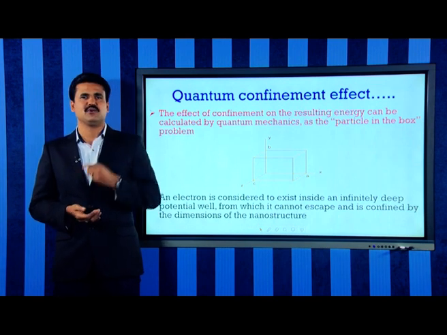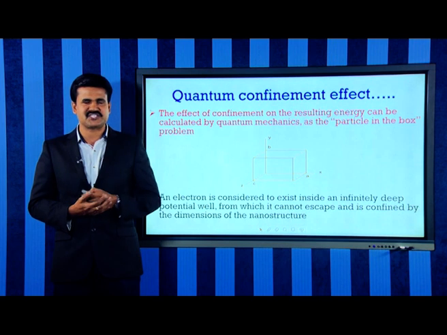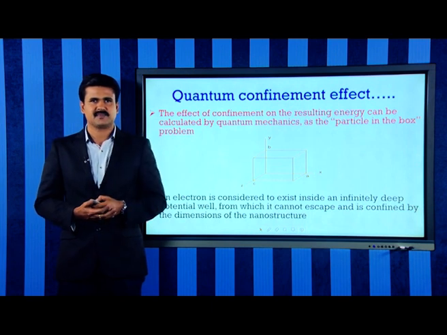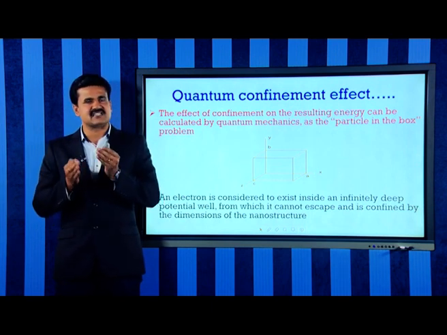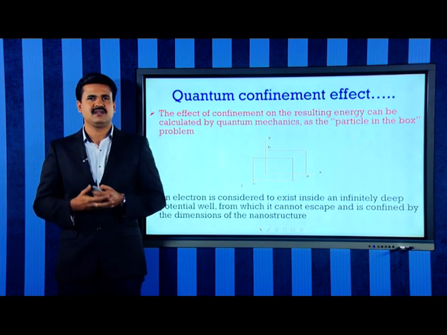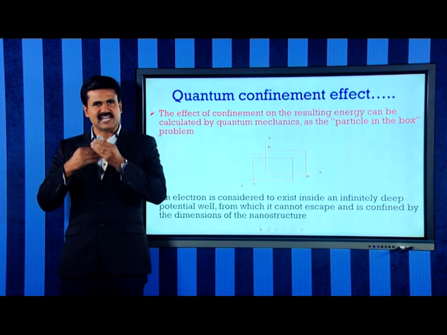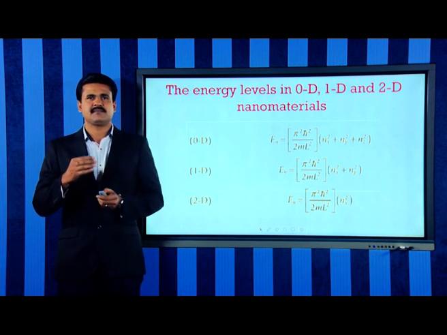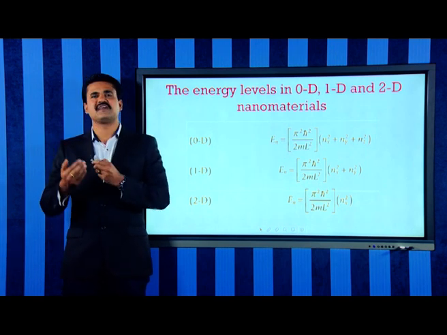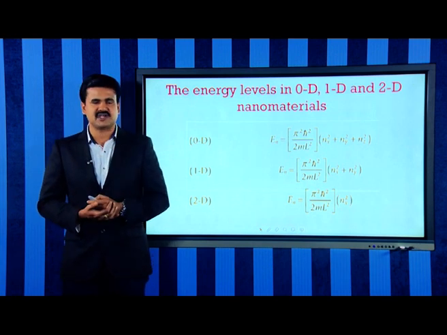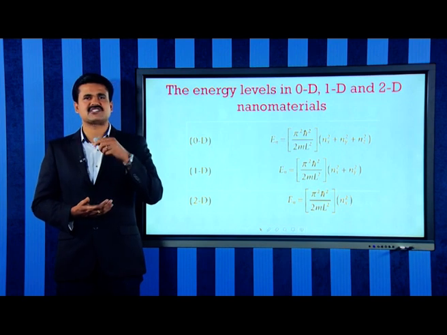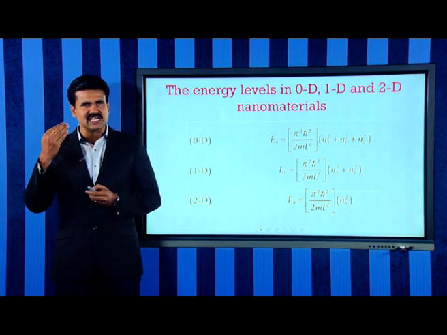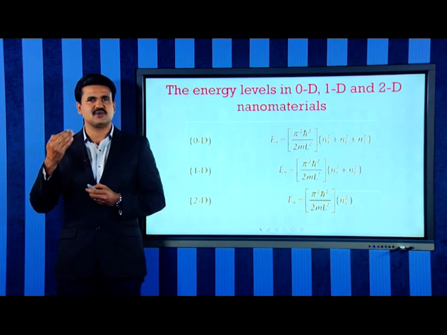As we all heard about the solution of Schrodinger wave equation to particle in one-dimensional box, particle in three-dimensional box problem, etc. In order to describe the change in energy levels due to quantum confinement effect, it is better to take a three-dimensional box as a reference, and the energy associated with the quantum confinement effect for zero-dimensional, one-dimensional and two-dimensional nanomaterials can be obtained from solutions of Schrodinger wave equation to particle in a three-dimensional box problem.